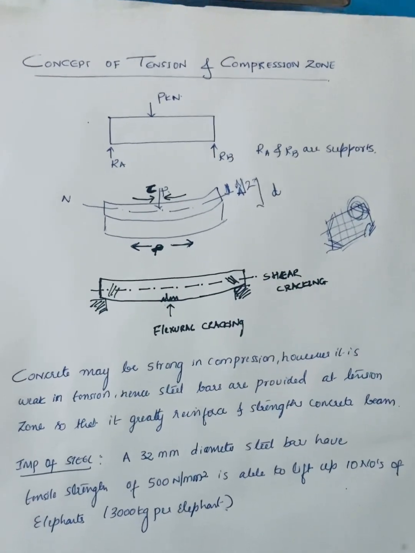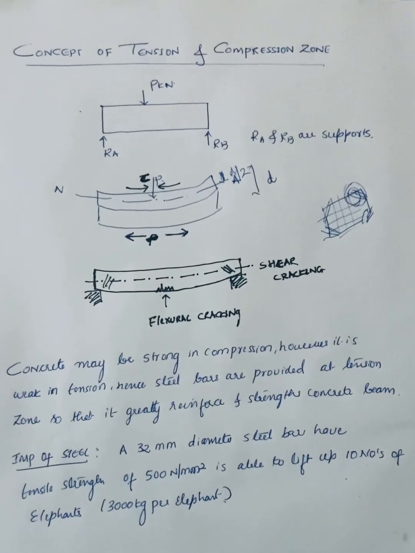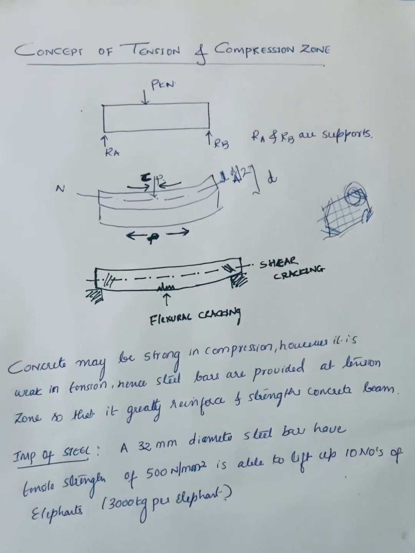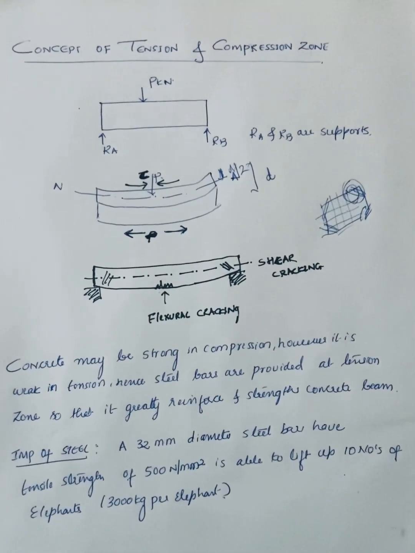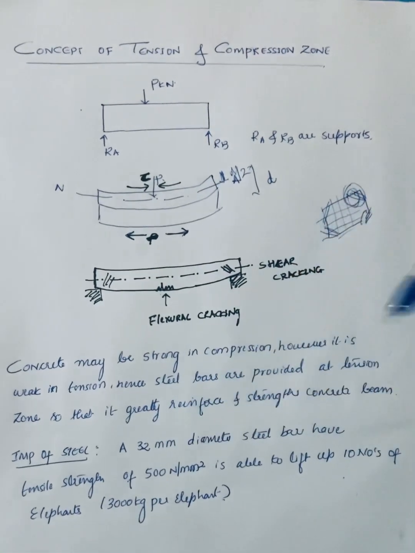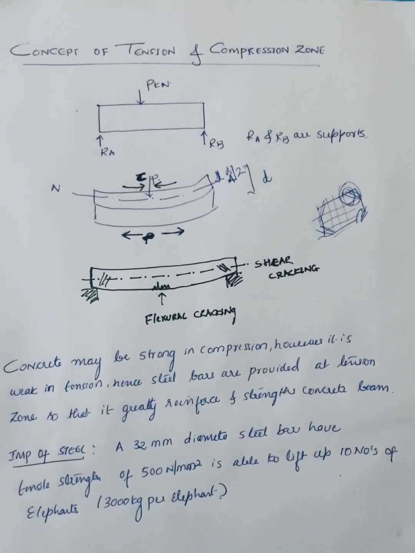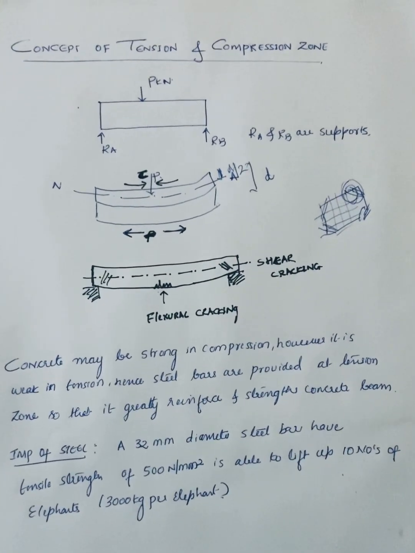If I just want to give a logical example of how important steel is for concrete, consider the highest yield steel, for example a 32 diameter steel bar, which has a higher tensile strength of 500 Newton per mm square.